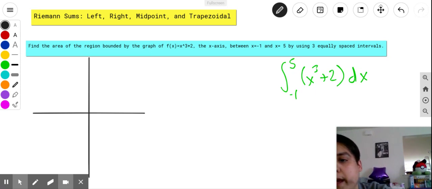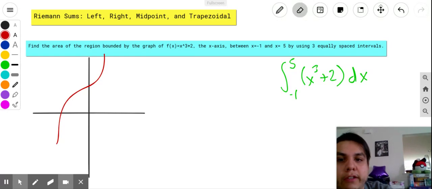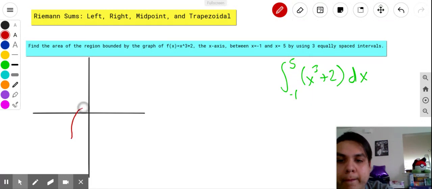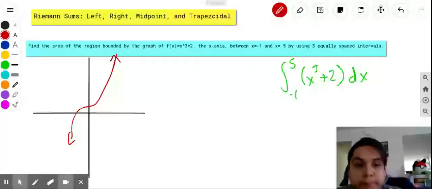So I know that it should look something like this. Right? But let me do a better job because we're going to need a little more of the graph to answer this question. So I'm going to scale it down a little bit. All right, it's going to go off like that forever. That's kind of what my graph looks like.